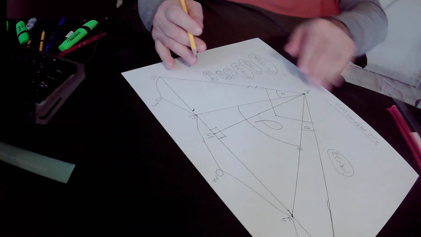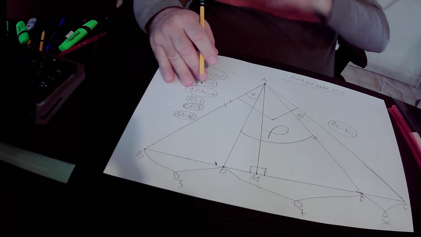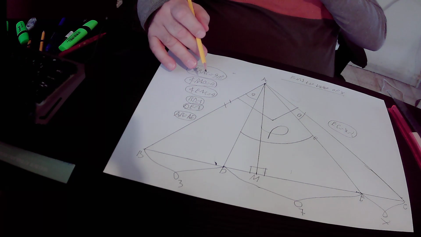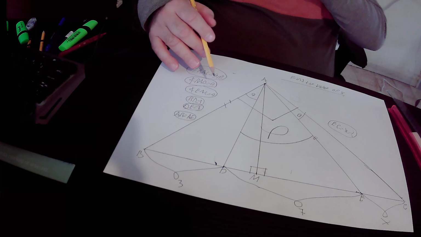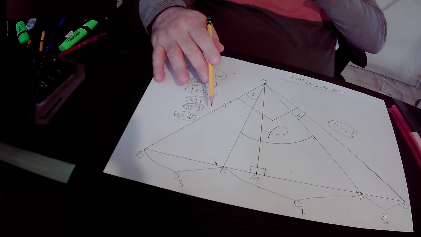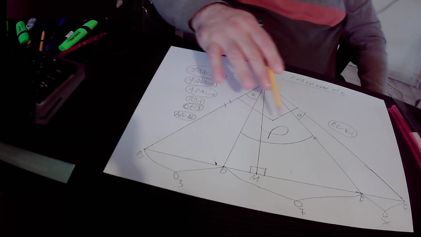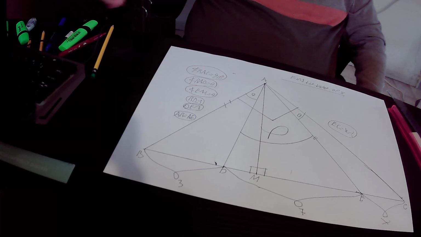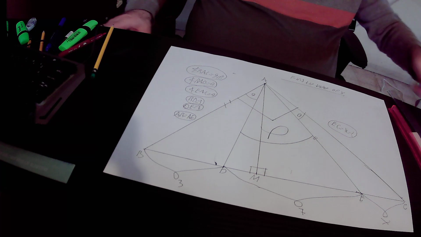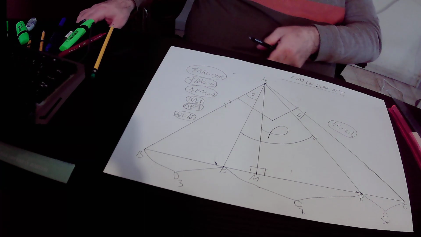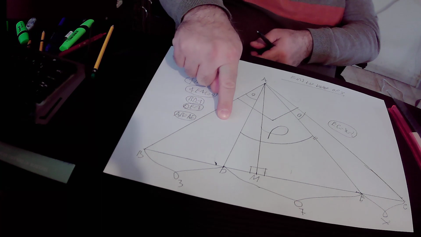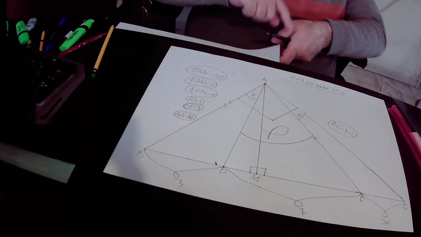And then we will calculate the ratio between the area of triangle ABD and triangle ADE. So actually we'll calculate the area of triangle ABD over the area of triangle ADE.